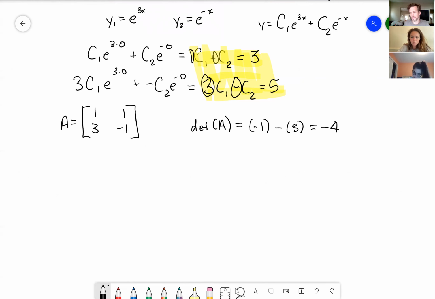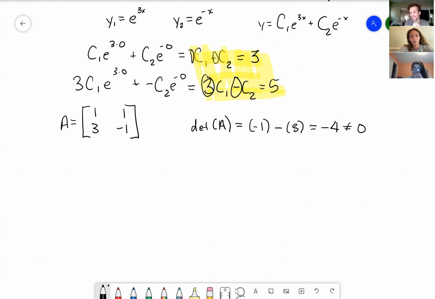So we get negative 4, which is not 0. And so we know that we have a specific solution. Now we can move on to the next step, which is finding the specific solution. And again, we could use any method that we wanted to solve the system of equations.